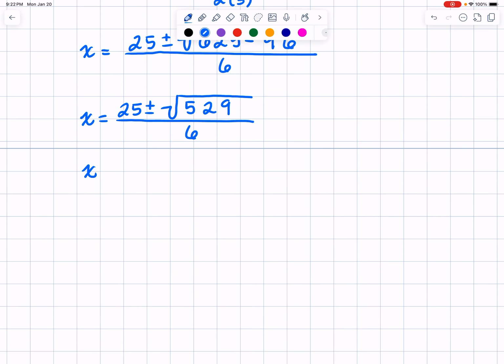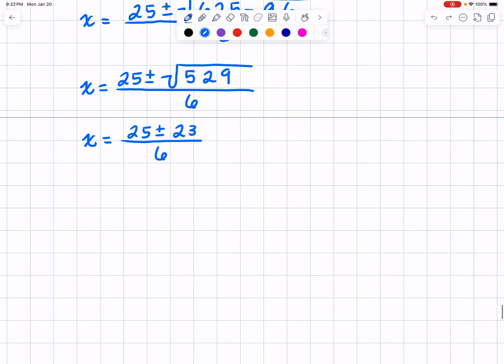So we get x equals 25 plus or minus 23 all over 6. And now all we have to deal with right now is this plus or minus. So we want to split up into two situations. Our first situation is going to end up being x equals 25 plus 23 all over 6. And our second situation will be x equals 25 minus 23 all over 6.